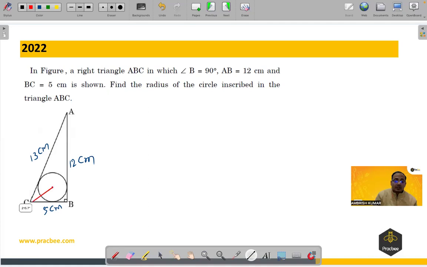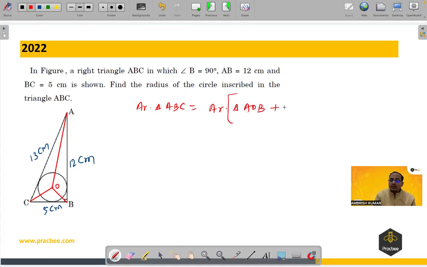So what you just need to do is join the center with C, join the center with B, join the center with A. Now area of triangle ABC is going to be equal to, let the center be O, area of triangle AOB plus triangle BOC plus triangle AOC.